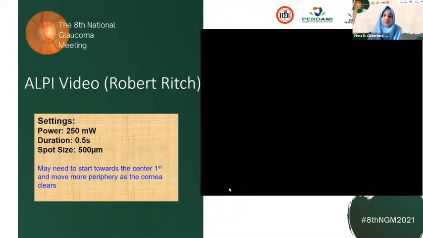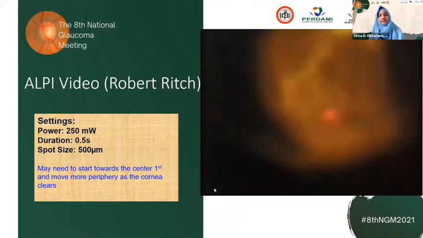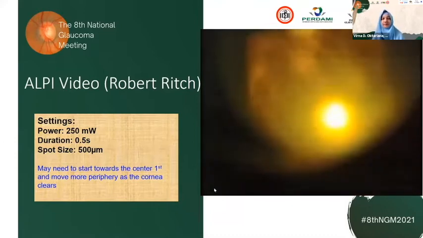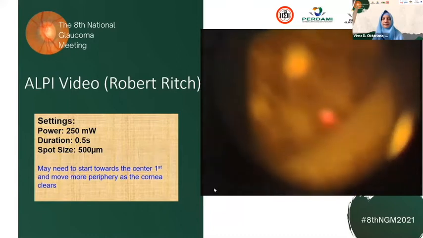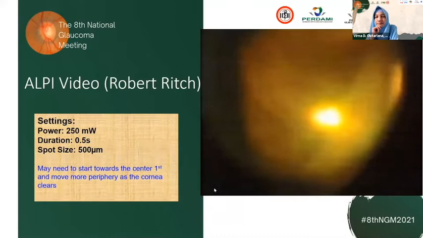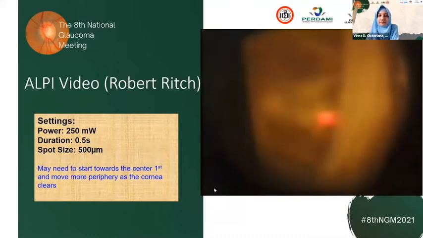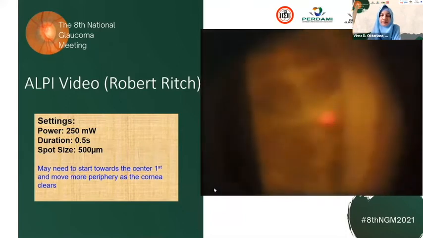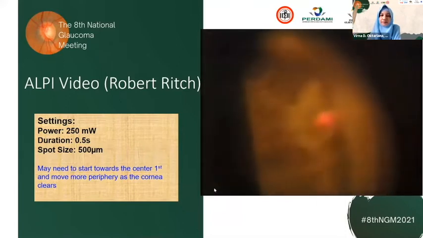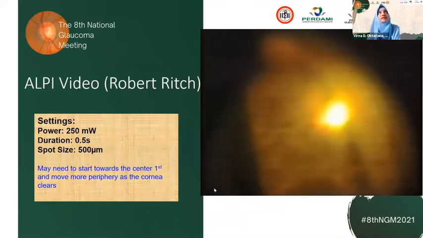Normally, we may need to start more at the periphery when we initially start, because sometimes we could not see the iris or the angle very well. But once you have contraction burns and the iris is pulled away from the angle, the cornea clears up, we can then move slowly to the periphery, as we can see here. And make sure that you don't start too much to the center.